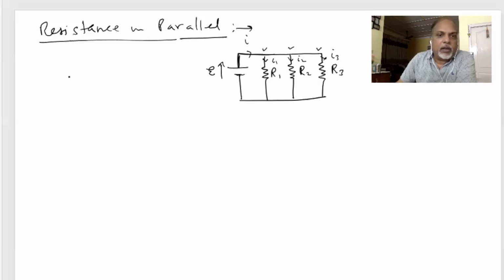Then as we know, I1 will be V upon R1, I2 will be V upon R2, and I3 will be V upon R3. Suppose V is the potential with which they are connected.